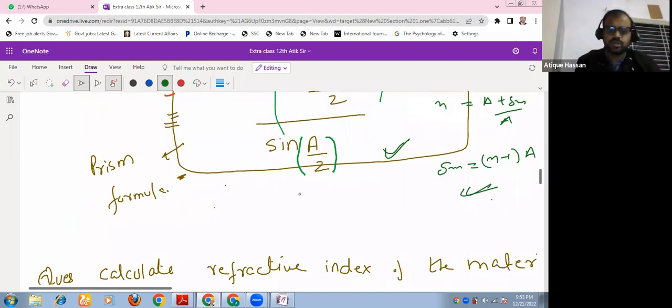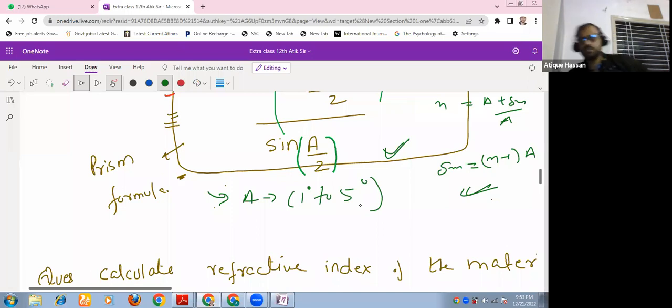For a thin prism, what do you understand by thin prism? Thin prism means the angle A should be between 1 degree to 5 degree, not more than that. Generally, it is very confusing among students when to consider a prism thin. The refracting angle should be between 1 degree to 5 degree.